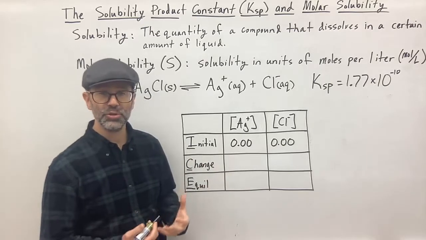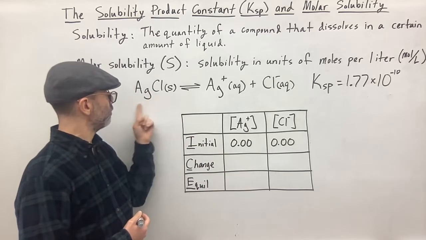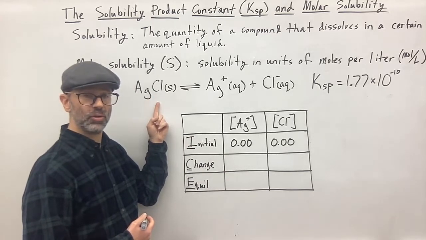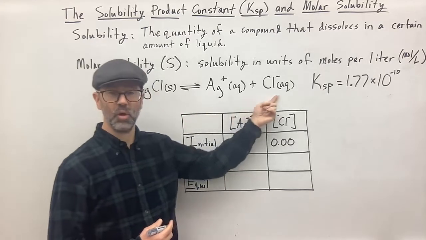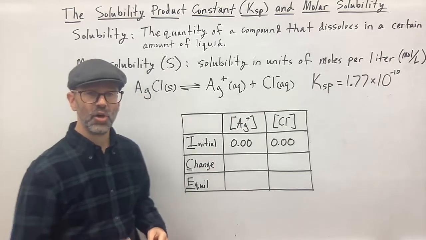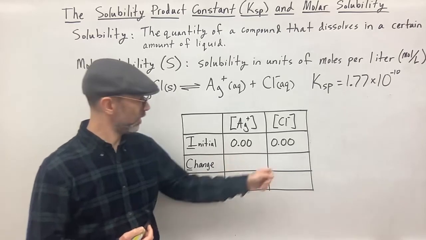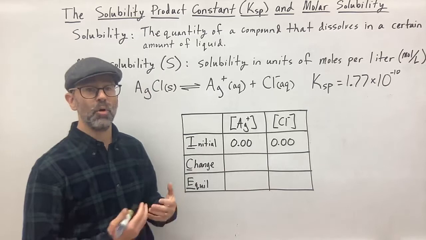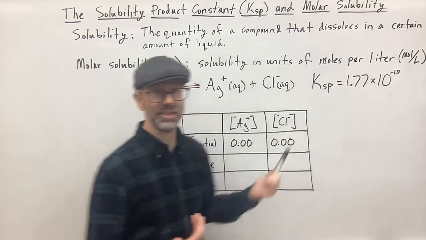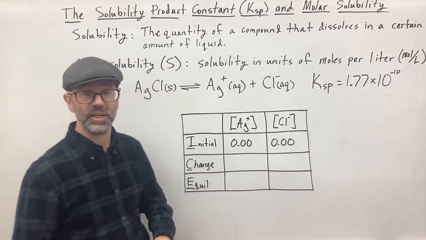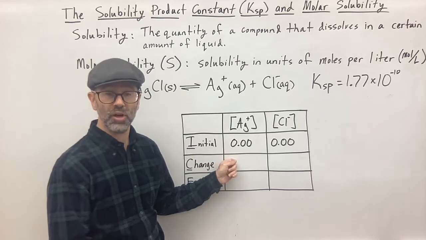So what's the change? Normally we would use X as our change, right? So we notice here that for every 1 mole of your silver chloride that dissolves, you get 1 mole of your silver ion and 1 mole of your chloride ion. And so we can represent that if you wanted with X like we normally do. So this would be a plus X or plus X. But since molar solubility is defined as moles per liter, which is the concentration or molarity, then we can use our molar solubility as the symbol.